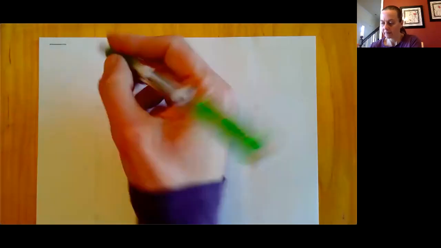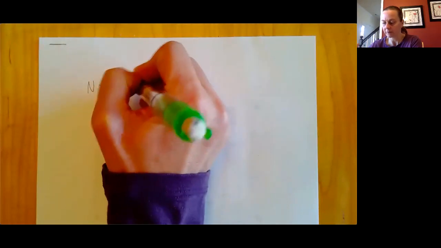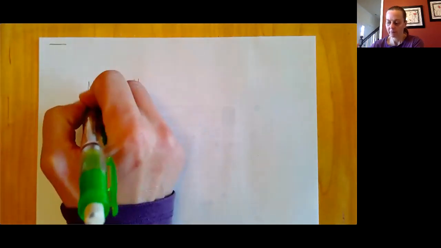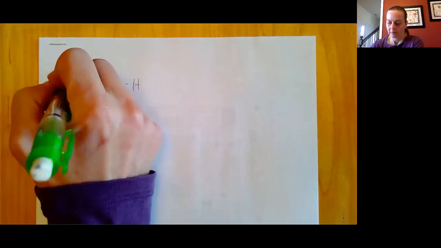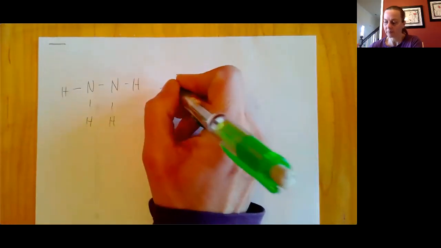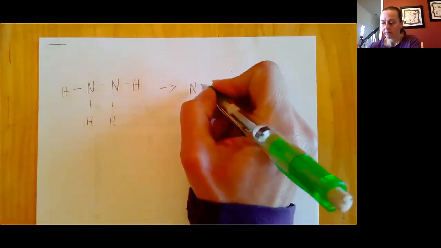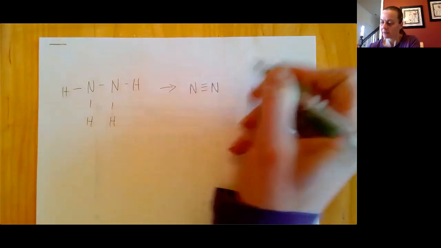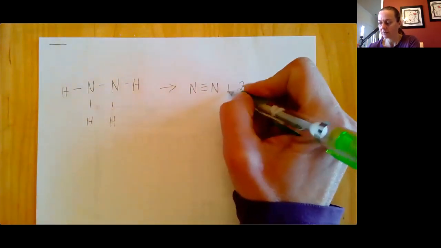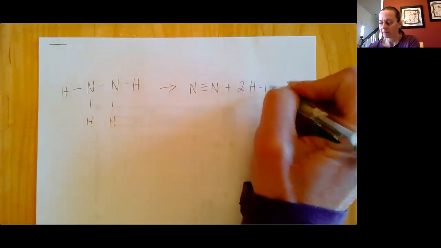Okay. So we had nitrogen, nitrogen, hydrogen, hydrogen, hydrogen, hydrogen, and this decomposed into diatomic nitrogen and 2 diatomic hydrogen.